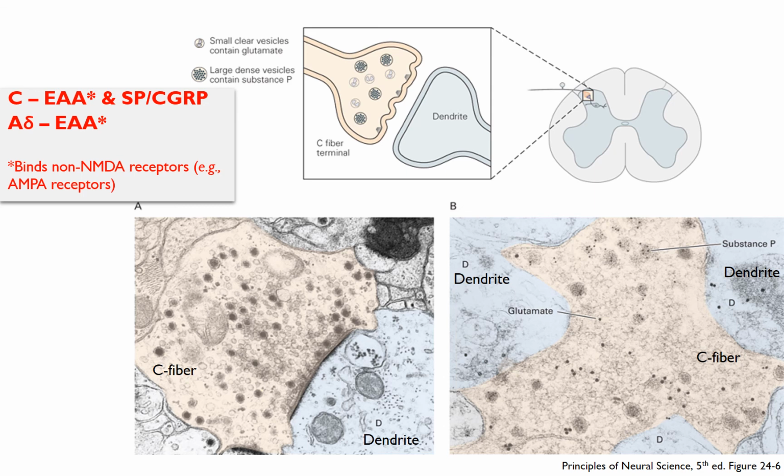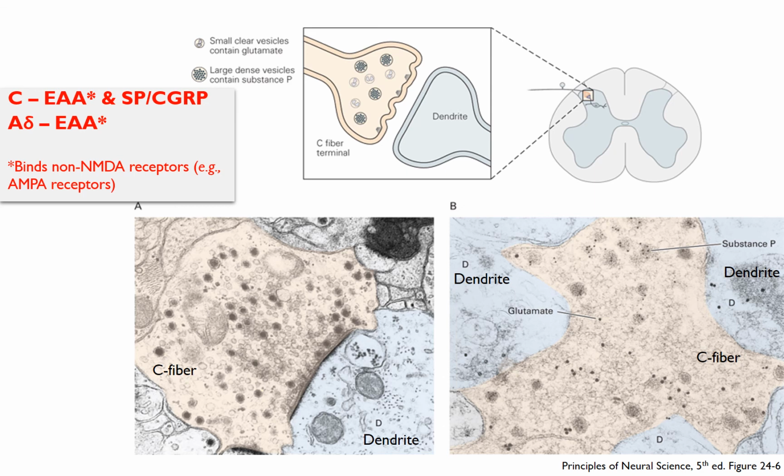Now, instead of thinking about the free nerve ending, the very terminal aspect of an afferent nociceptor out in the periphery, let's go upstream, closer to the central nervous system, and think about the dorsal horn. So this will be the central terminal of a nociceptor.